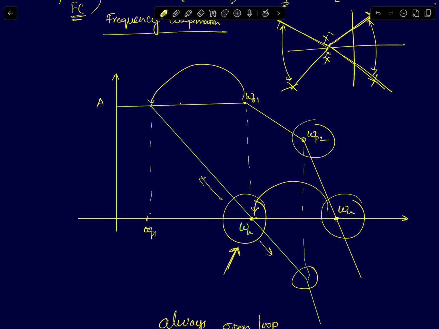If I use a 741 op-amp IC for comparator applications, it cannot be used for very high frequency applications. I want the output of a comparator to change suddenly from minus VSAT to plus VSAT. But if I do frequency compensation, I'm trading off the bandwidth. Therefore, the output will have a certain speed limitation.